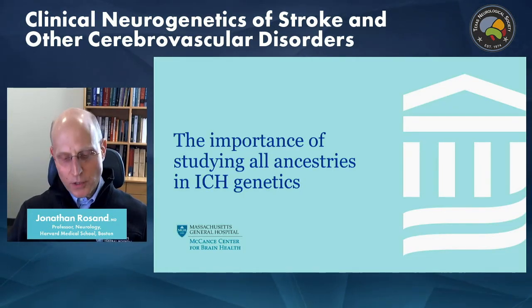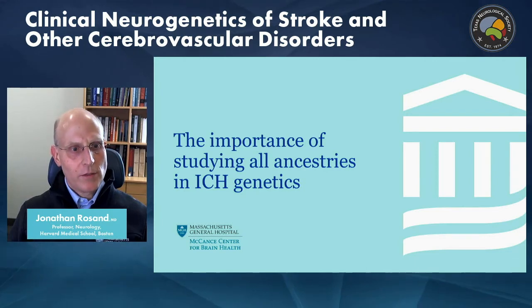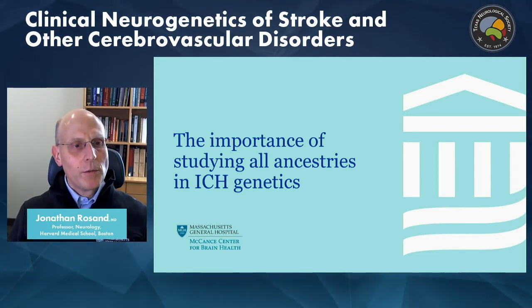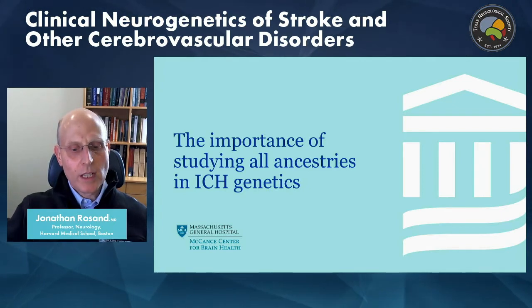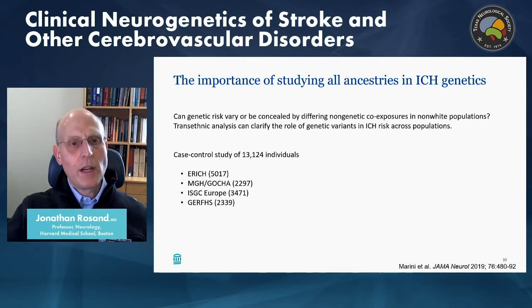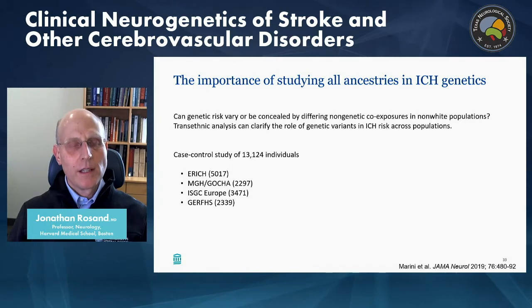So I'm now going to turn to intracerebral hemorrhage genetics, which has been my primary interest, really to tell a couple of stories and illustrate a couple of principles. The first is how studying all ancestries becomes important in understanding whether a risk locus is associated with a trait.